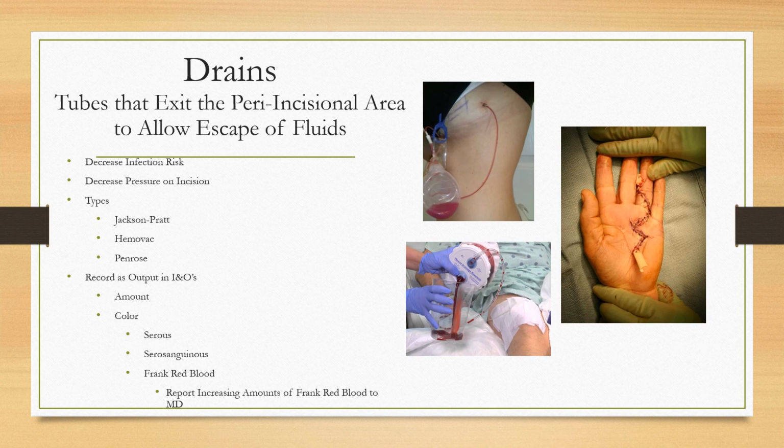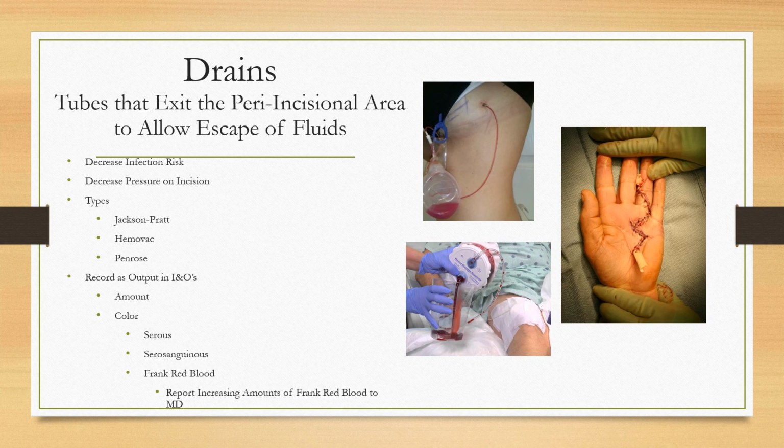Okay. Now, with significant drainage, such as from the top left, so say from a mastectomy or breast surgery, we always want to know the amount of fluid that's draining out, right? So input and outputs for sure. The color is important. Is it draining blood or is it just draining nice serous fluid?